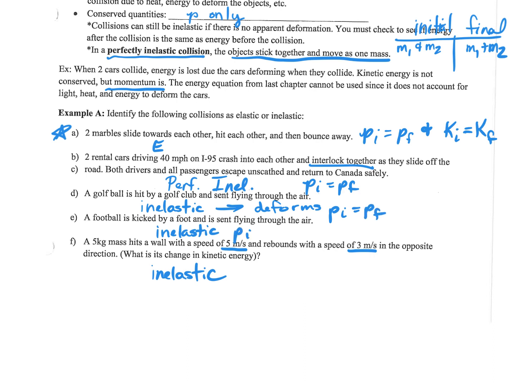For this guy, getting the idea? So in all of them, we have conservation of momentum, but only in the first one, that is elastic, do we have conservation of energy. Maybe if you write it enough times, it'll get in your head. So A is special. Are we good?